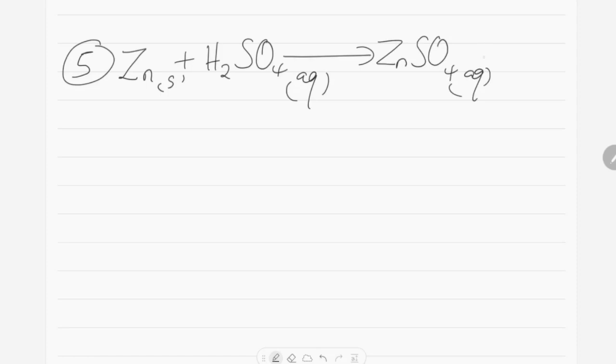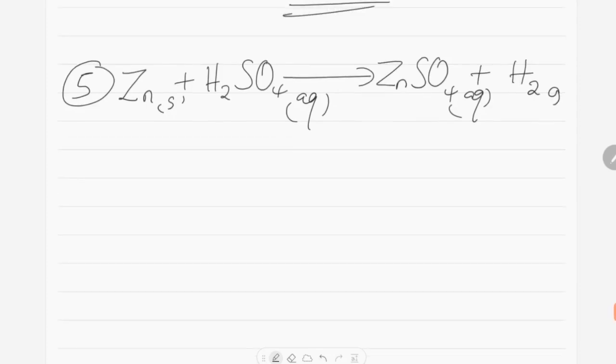Since what we are reacting with is just the metal, we're also going to produce a gas, which is hydrogen gas. So that is the balanced chemical equation for the reaction of zinc and sulfuric acid. This one is self-balanced.